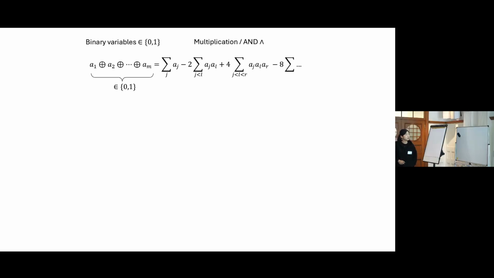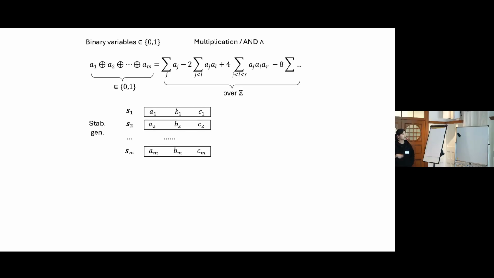Multiplication means AND, and you are doing all the arithmetic over Z. So like times 4 minus plus 0, all over Z. This turns out to be true. It can actually be checked by induction very easily. I also want to comment that the coefficient here will always be a power of 2. So it will be like 8, 16, and so on for even more intersections.